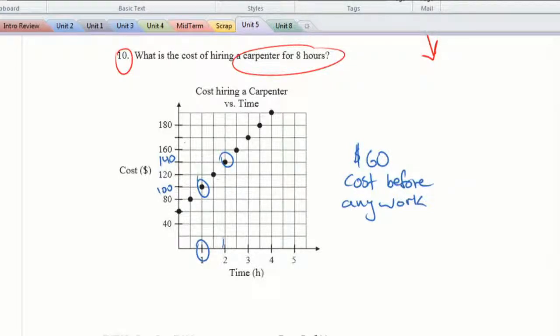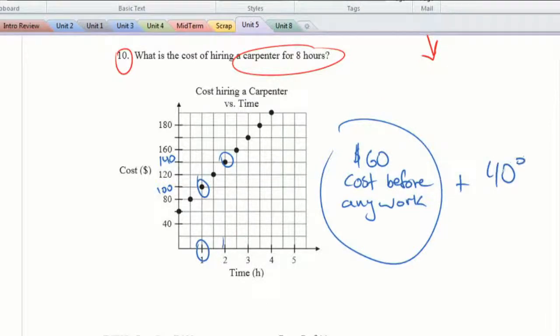So if you think about it like this, after 1 hour, I've been charged my $60 initial fee plus an additional $40. Does that $40 per hour hold up if we go to 2 hours? So let's look at 2 hours.